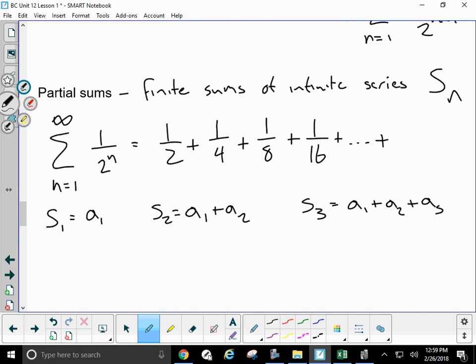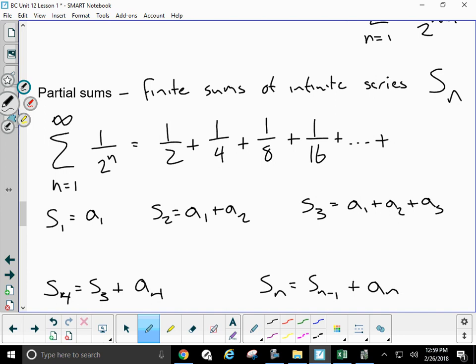And if you think about it, the next partial sum is just the previous partial sum plus the next term. Something like that.